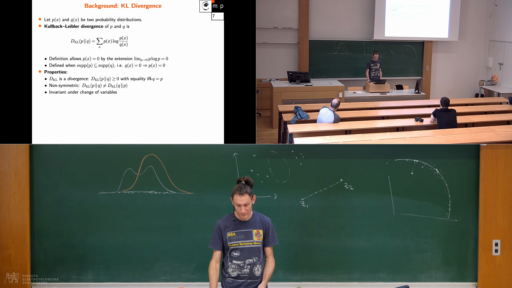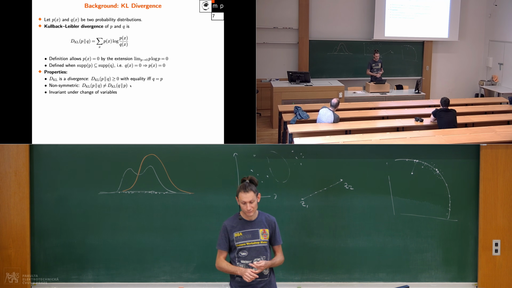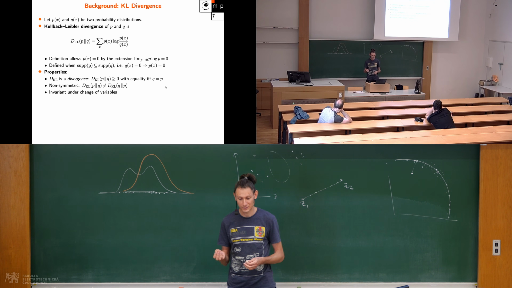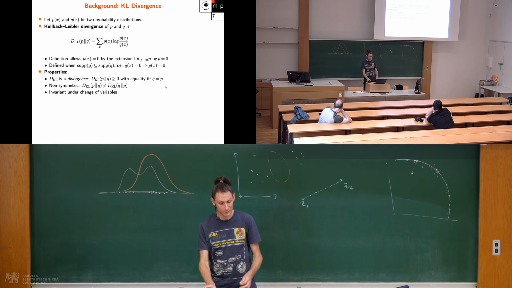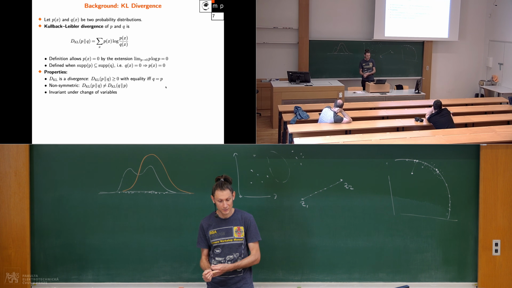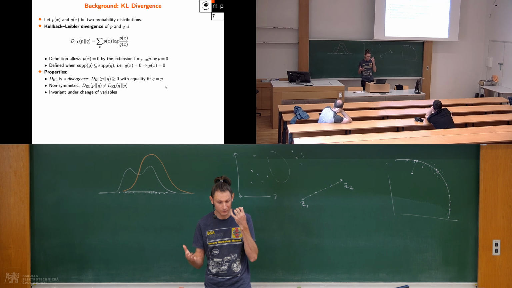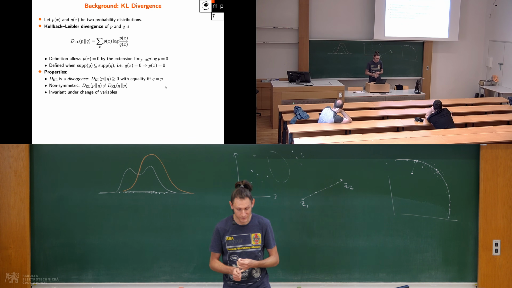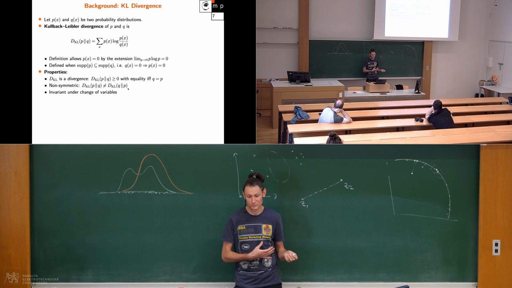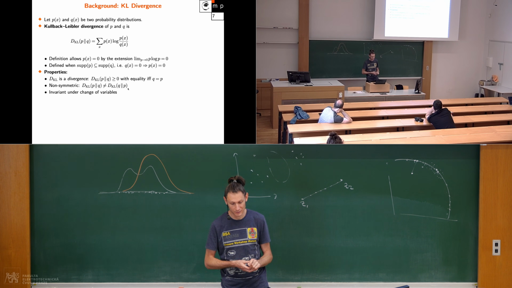But one property to be aware of is that this is obviously not symmetric. If we swap P and Q, we will have a different number, but the swapped divergence is again zero if and only if the distributions are the same. So both, Q from P and P from Q, are divergences, but different, and we distinguish them.